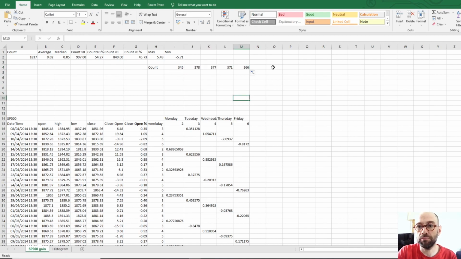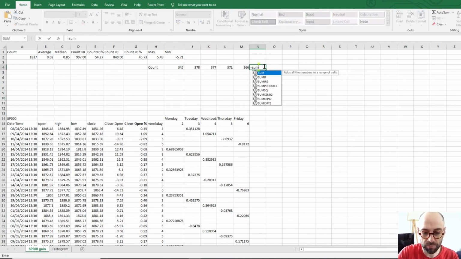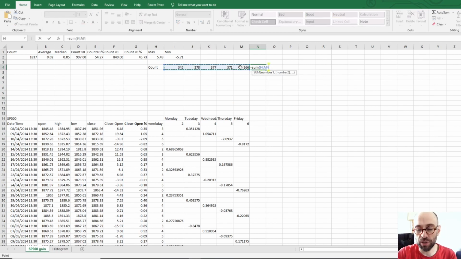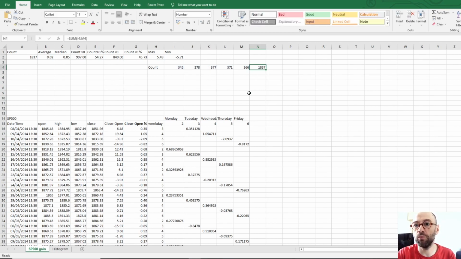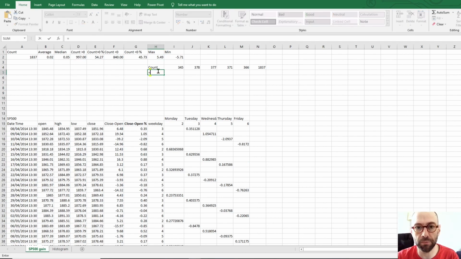And of course, if we were to sum this, it will give us our total number, 1,837, which is right. So we know that we haven't lost anything while we're doing this calculation. Okay, so now we can, for instance, calculate the average for each day of the week. In fact, it's just simpler.